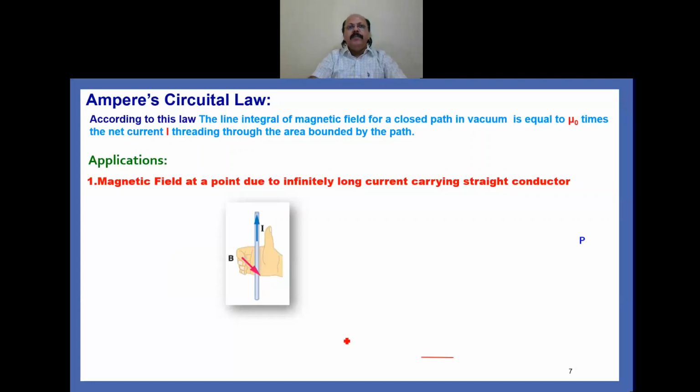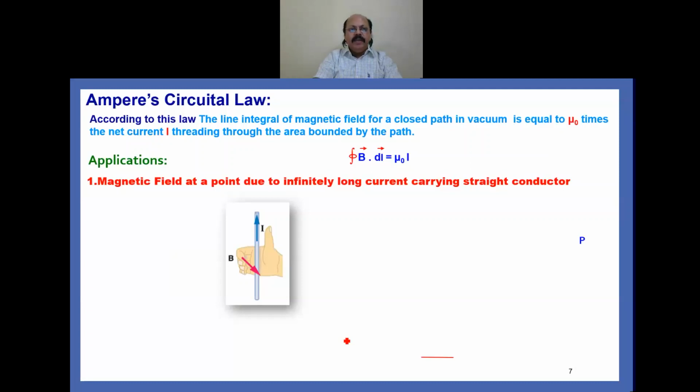This is Ampere's circuital law. Mathematically we write closed integral B vector dot dl vector, which means the line integral of the magnetic field for a closed path, equal to mu naught I.